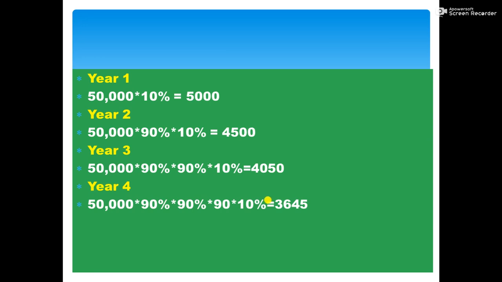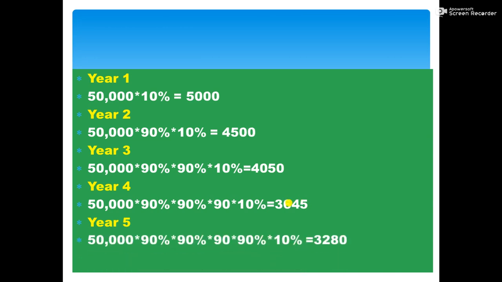For fifth year, 50,000 into 4 times 90% into 10%, 3,280. If you want to calculate 10th year depreciation, 50,000 into 9 times 90% into 10%, you will get 10th year depreciation.